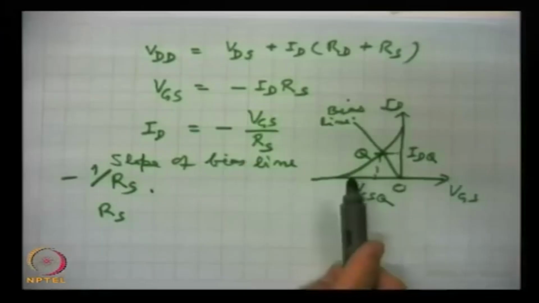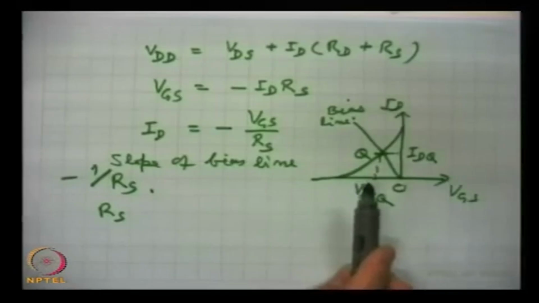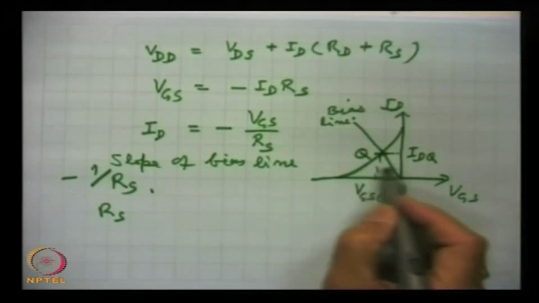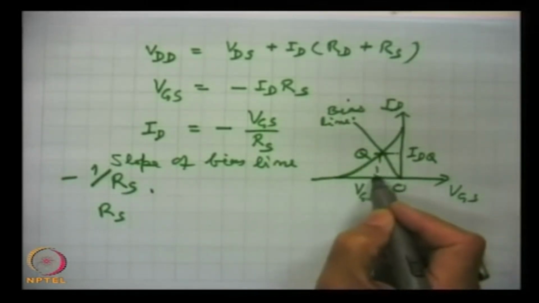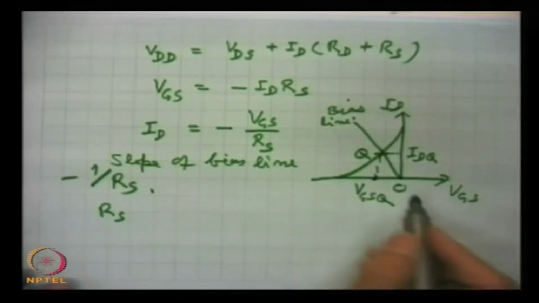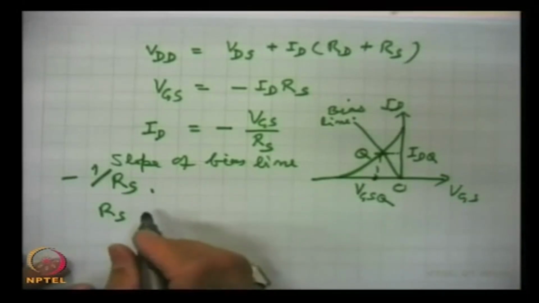The variations will be, this is the DC value, then AC variations will be along this, and similarly the input voltage is the gate source voltage. So, when we superimpose an AC signal on this, these variations will occur across this Q point value of the gate source voltage.